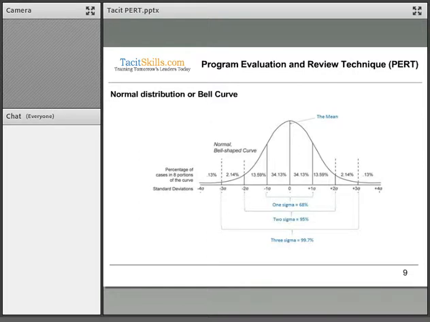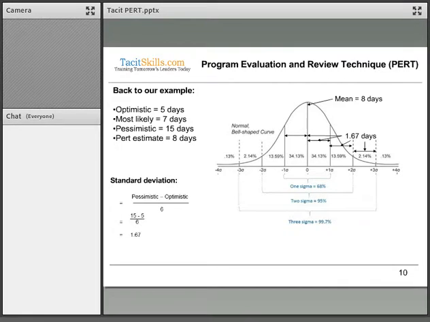We'll also find that 95% of the population lies between -2 and +2, our 2 sigma range. And the 3 sigma range is 99.7%.